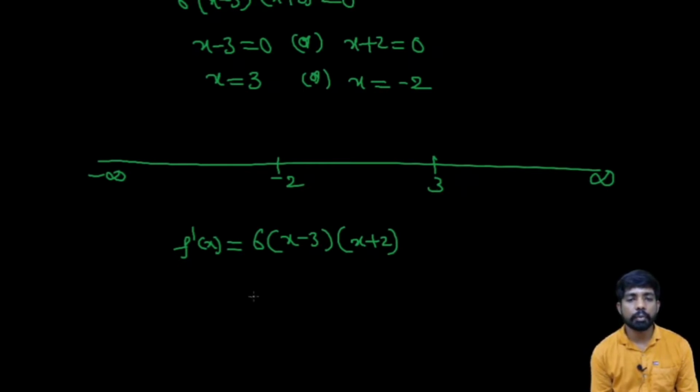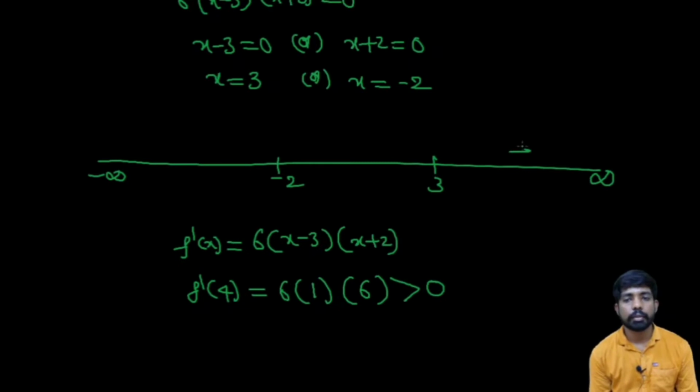I am considering 4. f dash of 4 is equal to 6 times, substituting the random number 4, 4 minus 3 which is 1, and 4 plus 2 which is 6. So everything is positive, this is greater than 0. Therefore from 3 to infinity, the slope is positive.